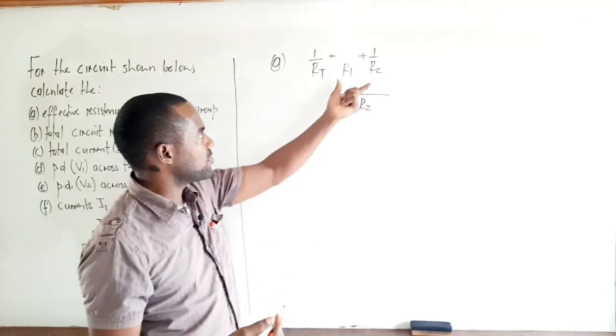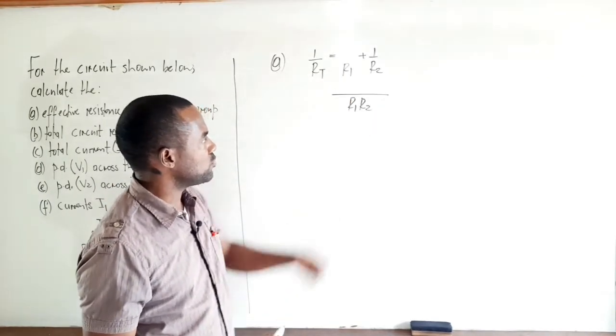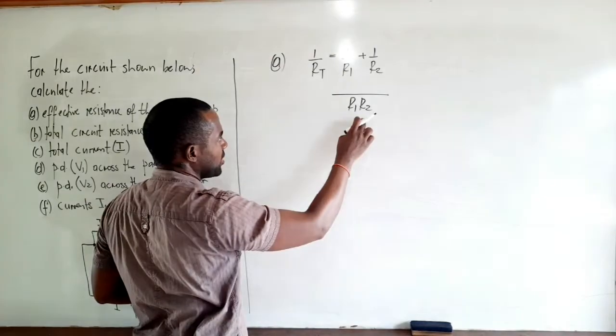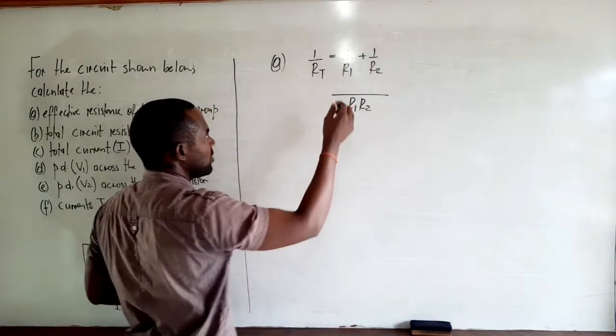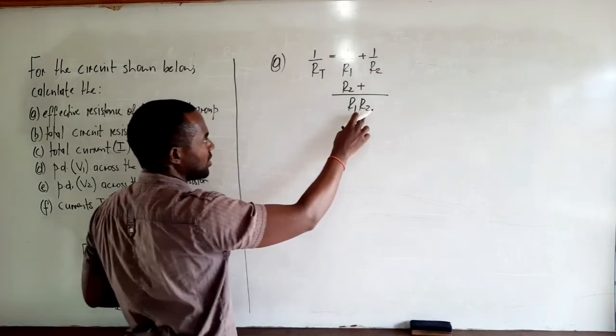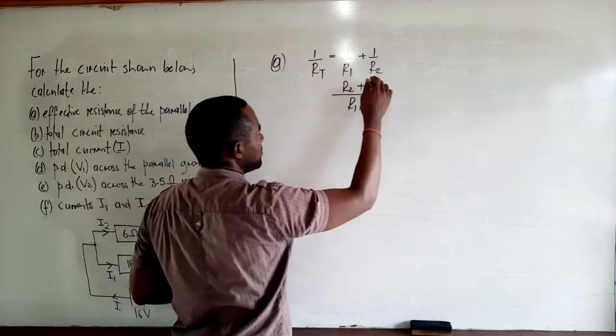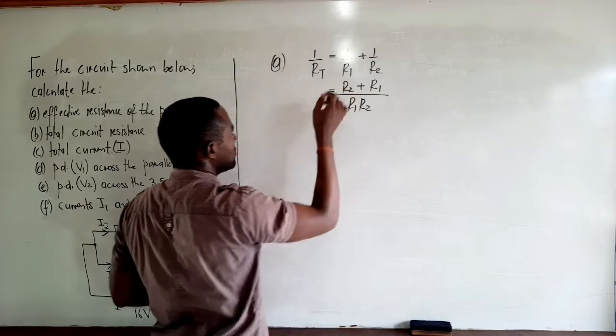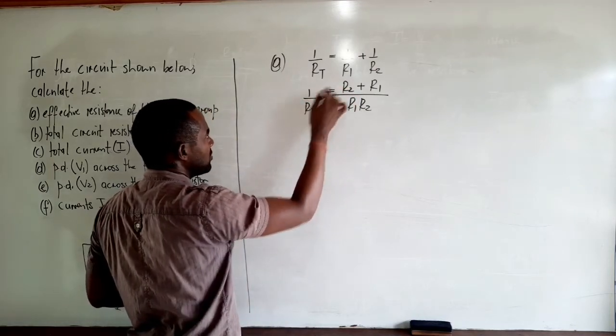In this case, of course, the common denominator would be R1 R2. So R1 into R1 R2 goes R2, R2 times 1 gives us R2, plus R2 into R1 R2 goes R1, R1 times 1 is R1. So 1 over RT is equivalent to that.